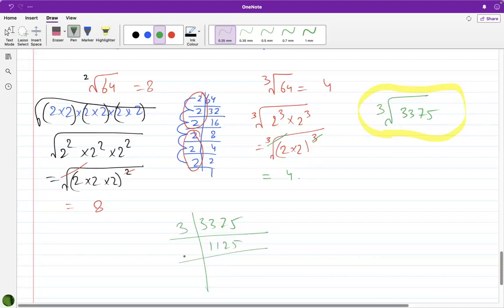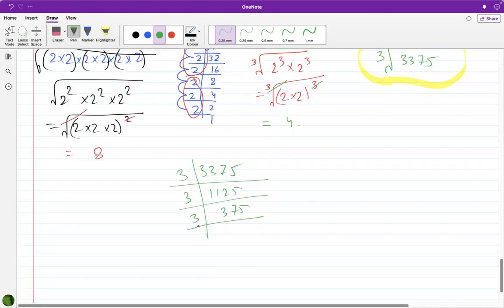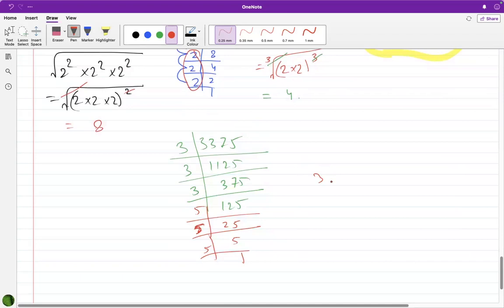We always try to start off with the smaller number. There's no issue at all, even if you started with 5. That's a general practice. Okay, this is what I get. So my number was 3375, cube root.